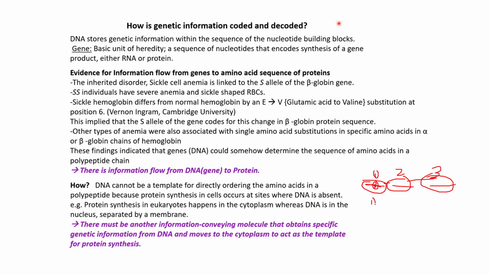For example, ATG codes for one amino acid, and ACG codes for another amino acid. So if you have a C in place of T, you get an altogether different amino acid.